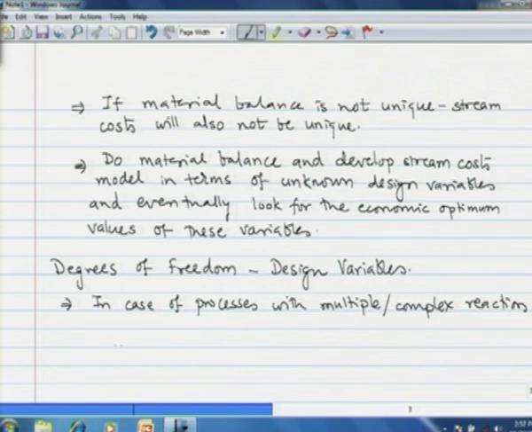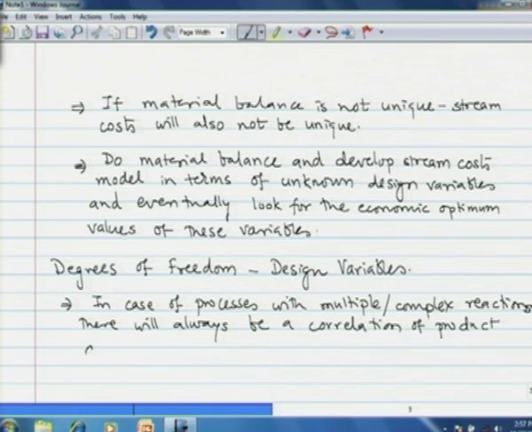So, that point we note in case of processes with multiple or complex reactions, there will always be a correlation of product distribution in terms of process variables or design variables, that we can also say.